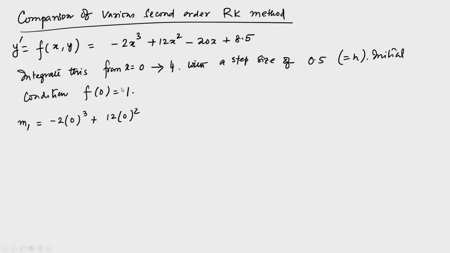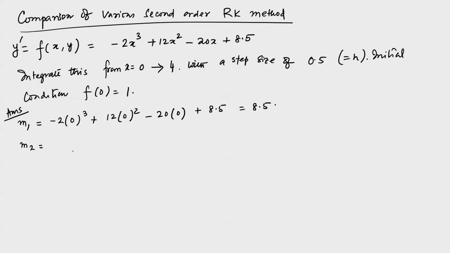You put 0 because 0 is the initial point and m1 is the slope at the initial point. So, this is equal to 8.5. So, m1 equals 8.5.